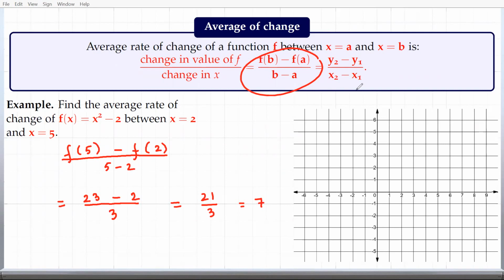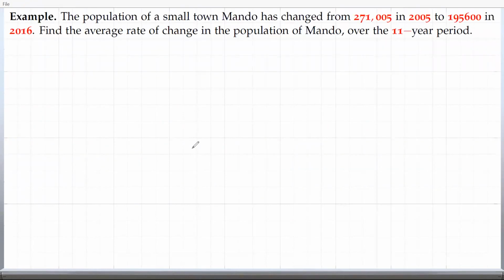Let's look at the next example. So here we are given population of a small town Mandu in 2005 and in 2016. We want to find the average rate of change in the population over the 11-year period. So let's quickly write down the given data in a table using x and y.